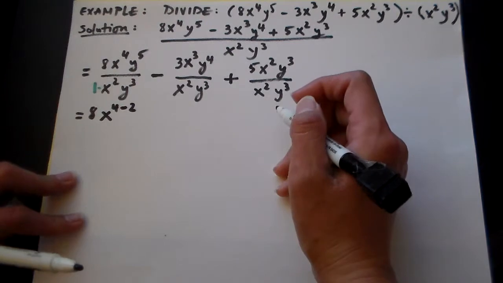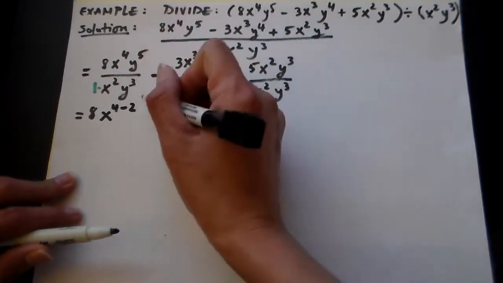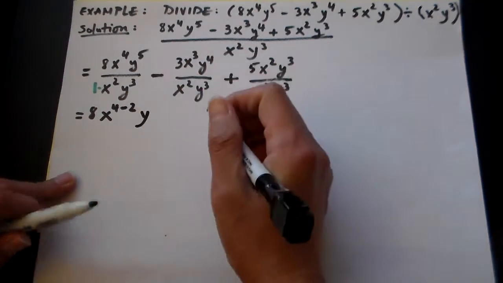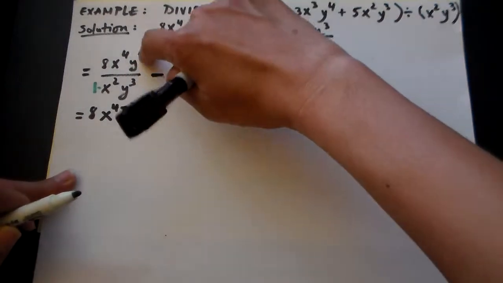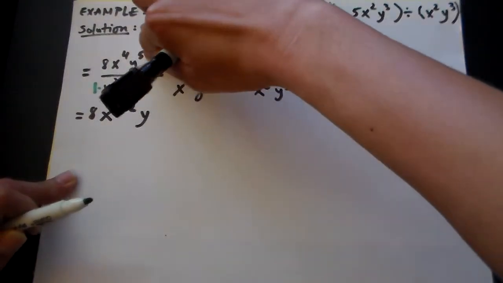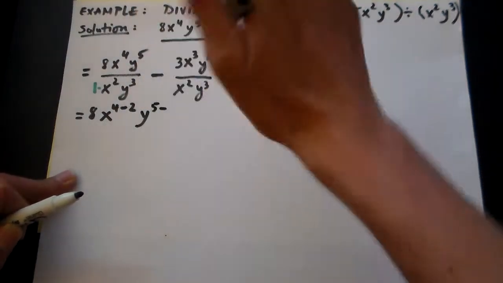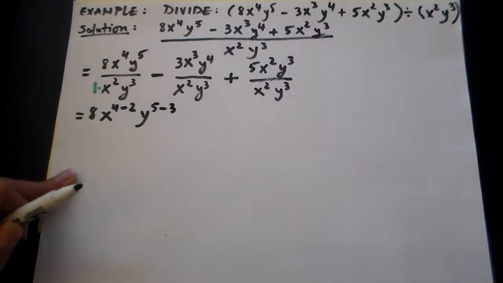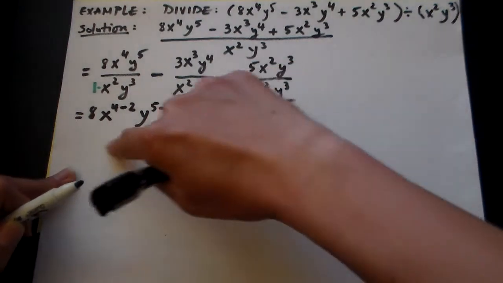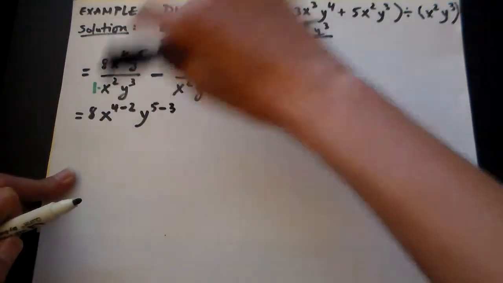Alright, this is how you simplify the variable x. For the variable y, similarly, you divide y together. You take the top power 5 minus the bottom power 3. Okay? So this is how you simplify the first fraction.